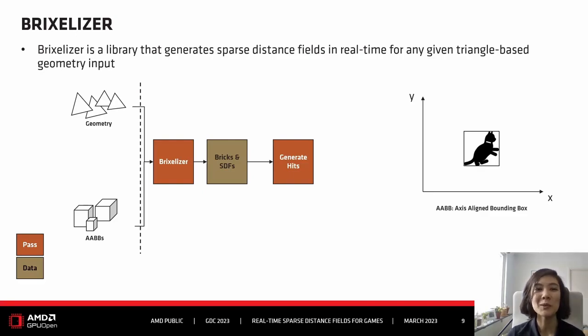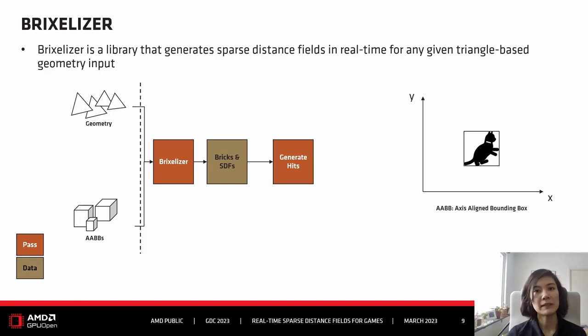But now let's talk about Brixelizer. Brixelizer is AMD's solution to generate sparse distance fields in real time for any given triangle-based geometry input. So you have the geometry input in a triangle representation. So typically you have a vertex buffer, index buffer. You also need transform information so that we know where the geometry is in your world. And then additionally to that, you also need to provide the axis-aligned bounding box, in short AABB.